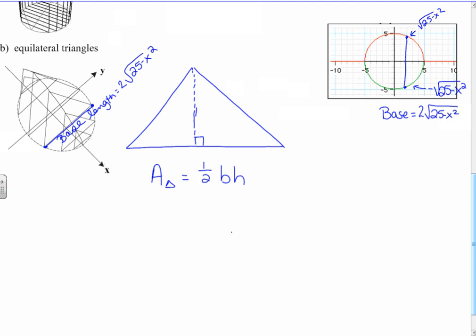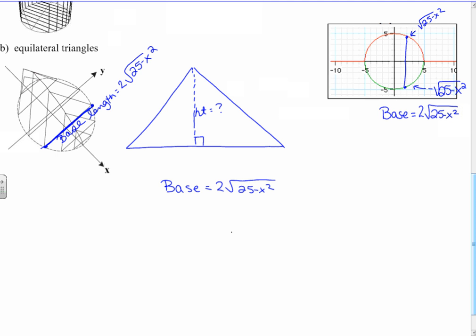So I need to capture the height, and I need to capture this base. But I know the base, I just figured it out last time. The base is 2 times the square root of 25 minus x squared.